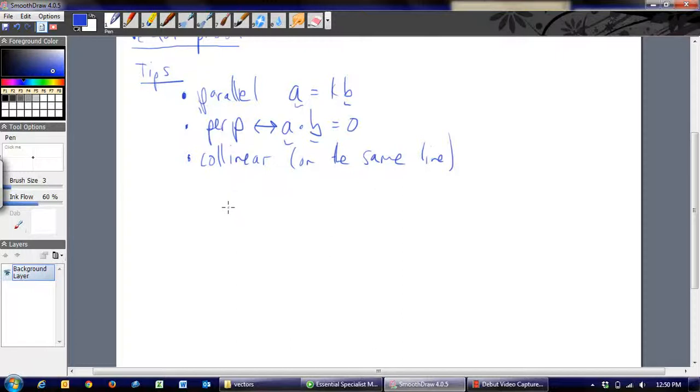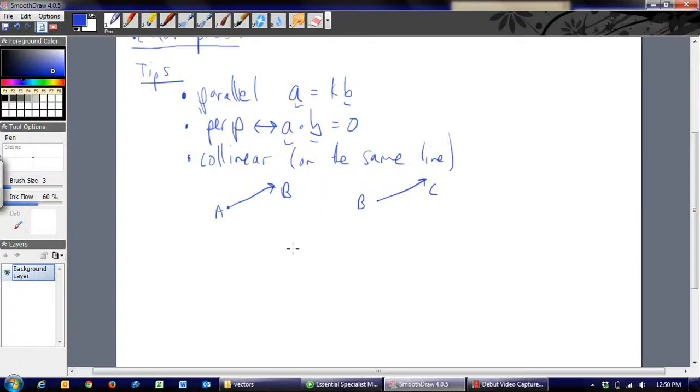So say you've got A here and B there, you've got some vector like that, and then you've also got B, C, another vector like that.